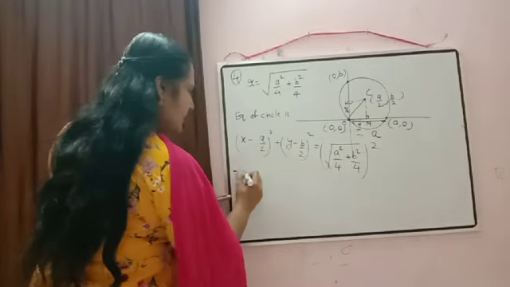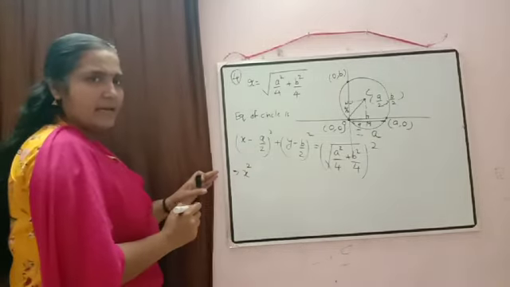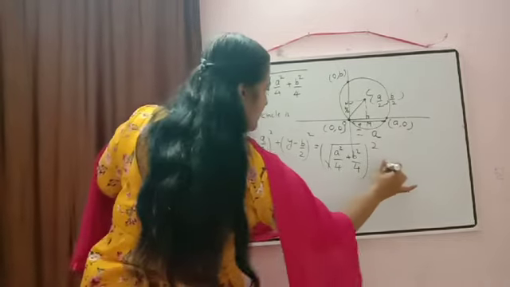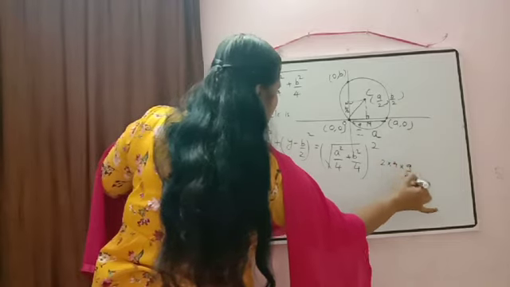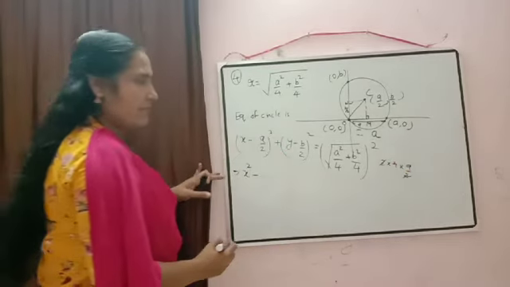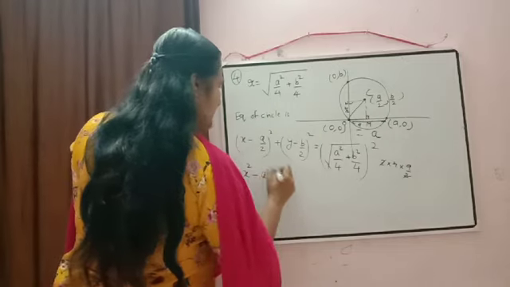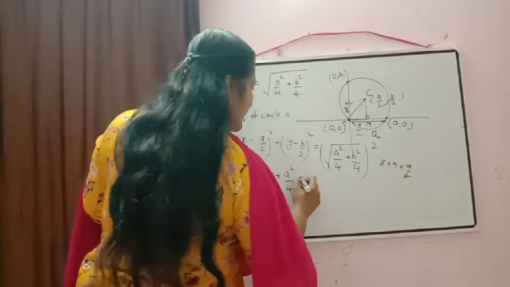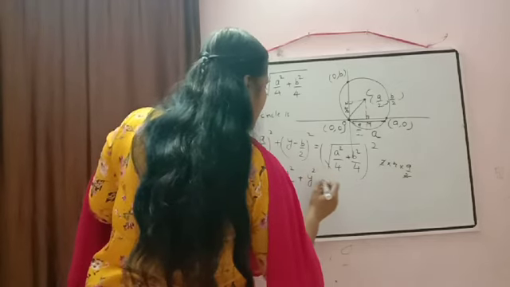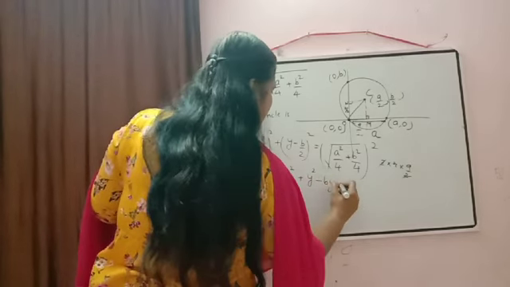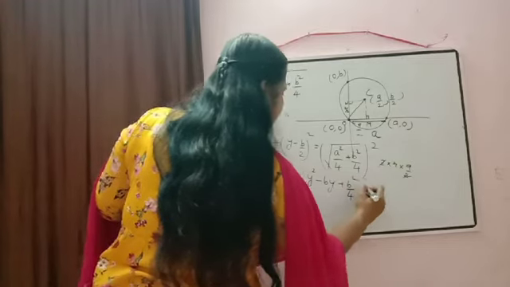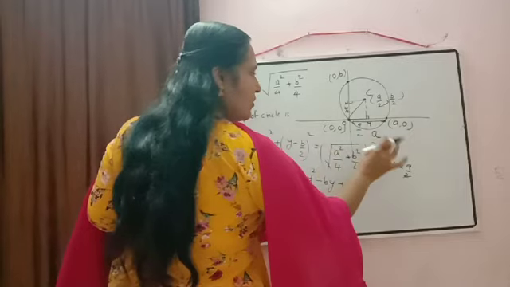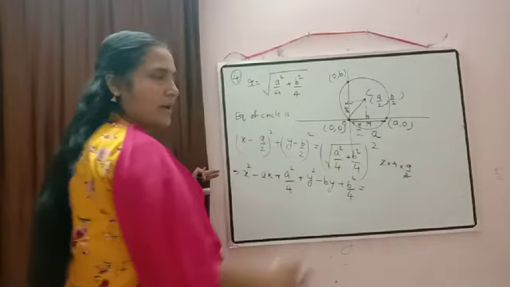Now we can expand it using the identity. We get x square minus 2 into x into a by 2, so the 2 and 2 get cancelled. We get minus ax plus a square by 4. Similarly, y square minus by plus b square by 4 is equal to the square root and whole square, which get cancelled.